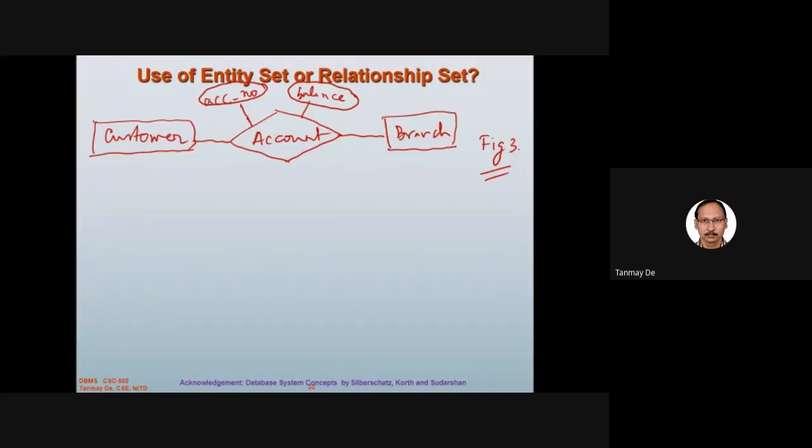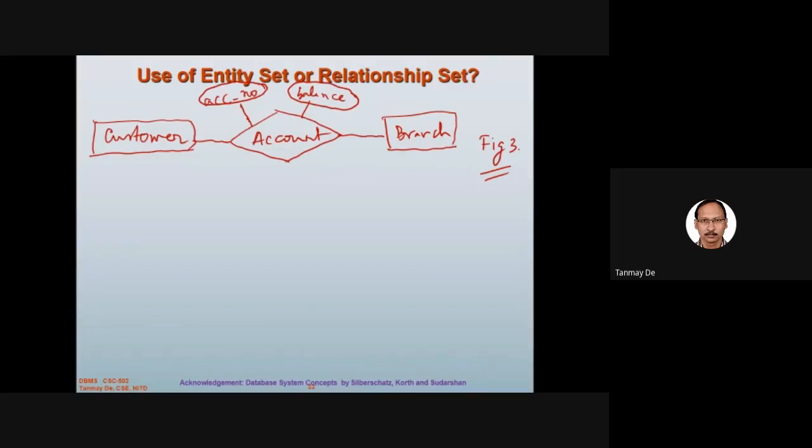Yes or no? Is figure 3 equivalent to figure 1 and figure 2? Am I audible? Yes, sir.